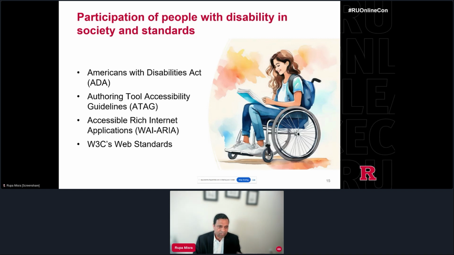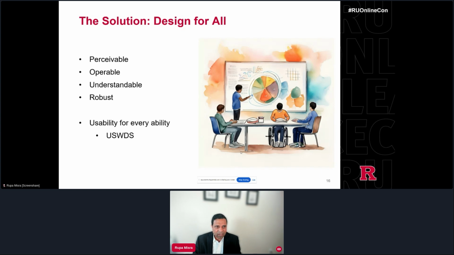We have Accessible Rich Internet Applications, WAI-ARIA, about how to create or use interfaces and content that work with assistive technologies. There are all kinds of guidelines.